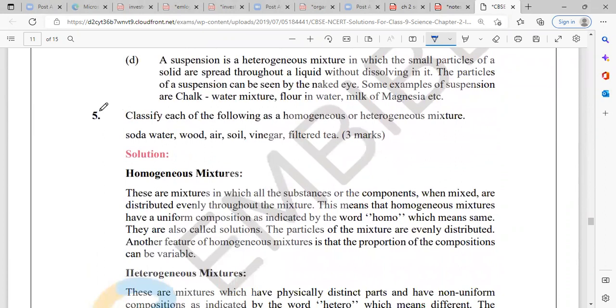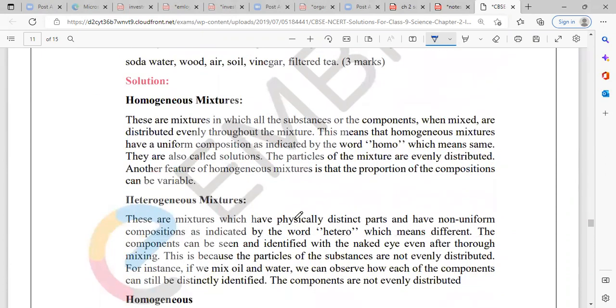Okay, so this one is important. You have to classify homogeneous and heterogeneous mixtures among these. Homogeneous mixture basically means they have the same substance. Heterogeneous means we have different.